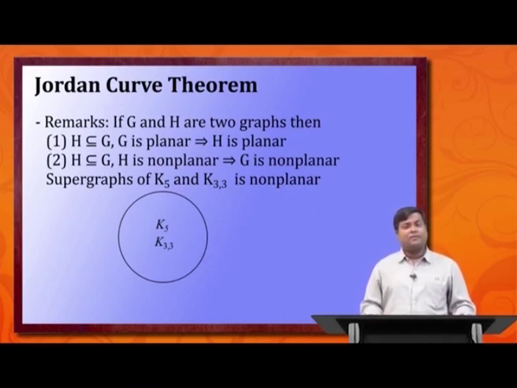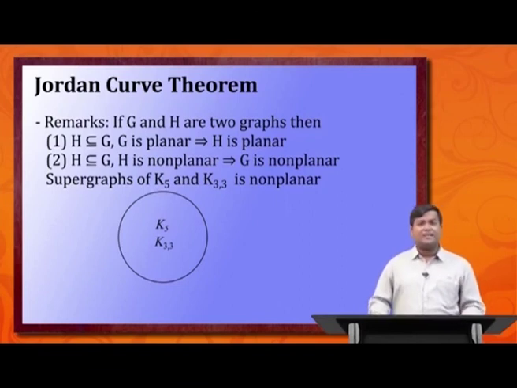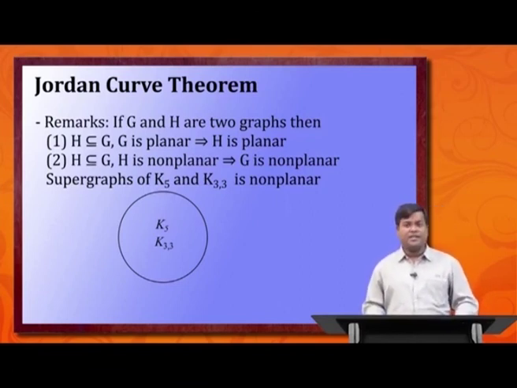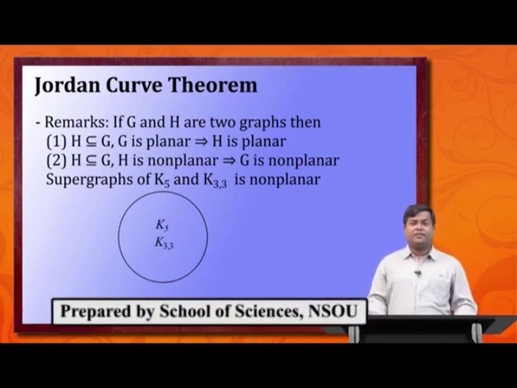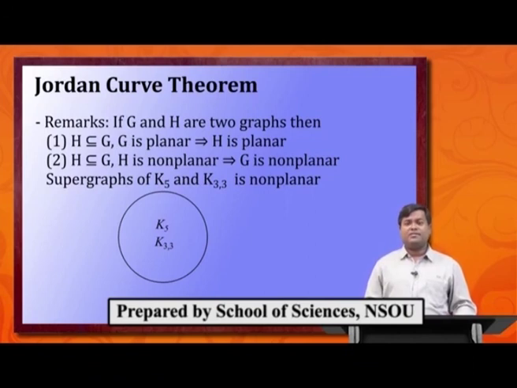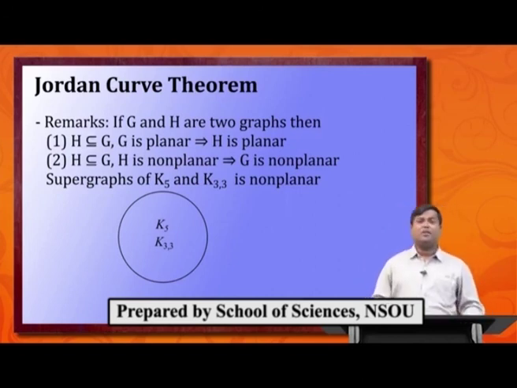So the crossing we already have in H is still there in G. Therefore, as G is a supergraph, G is also non-planar. So these two things are hereditary properties. If the subgraph is non-planar, then the corresponding supergraph is also non-planar, and if the supergraph is planar, then the corresponding subgraph is also planar.